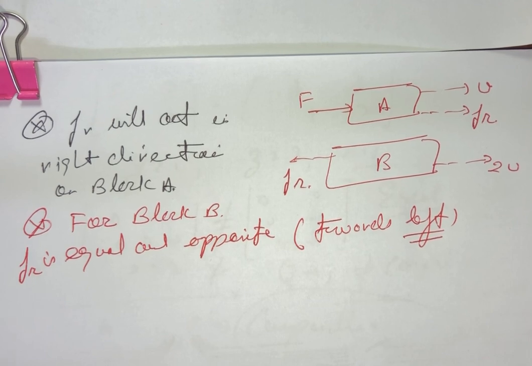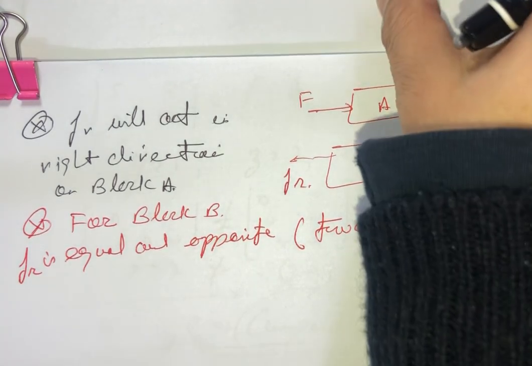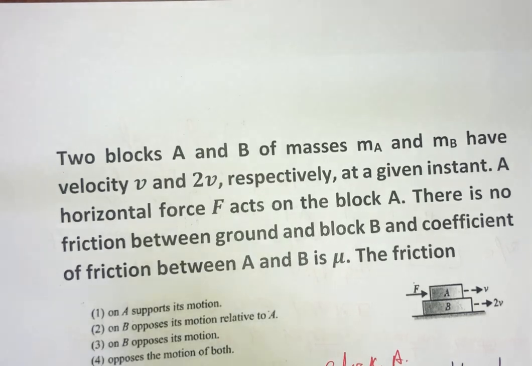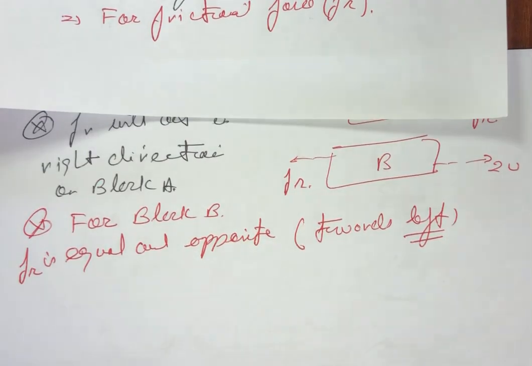Therefore, we have the first option, that is friction on A supports its motion. So motion of A is towards right and friction is also towards right.